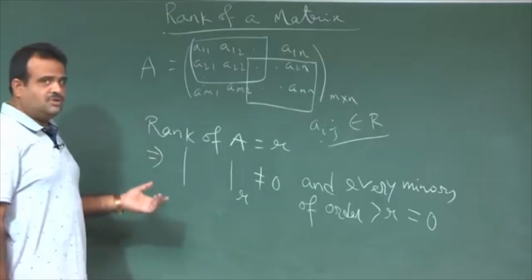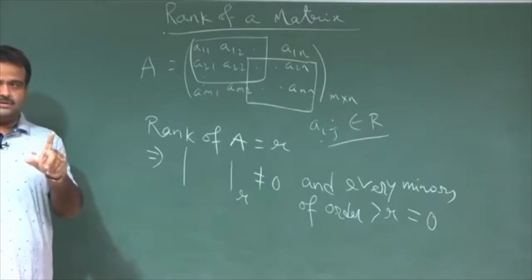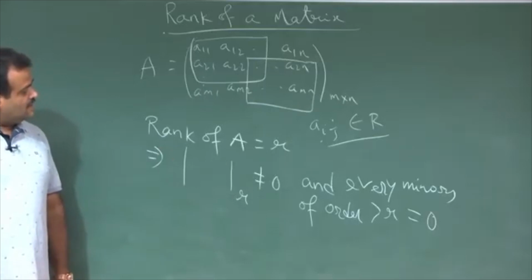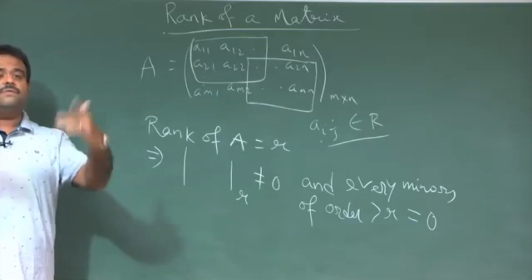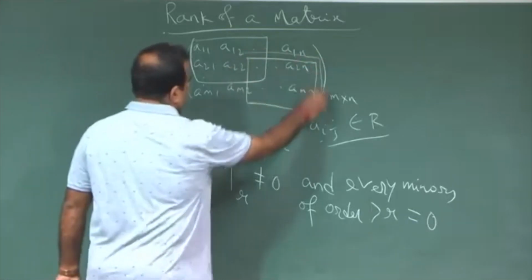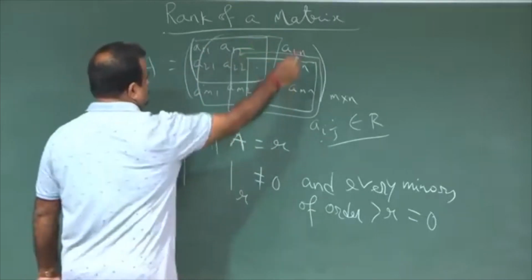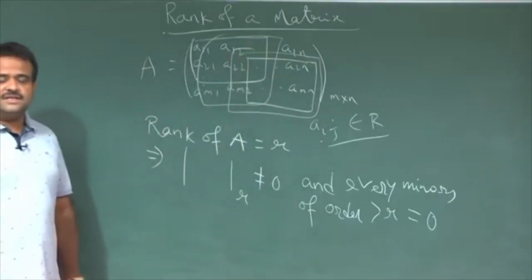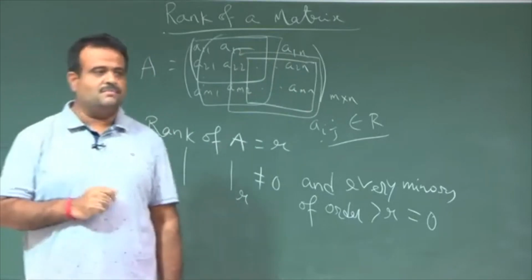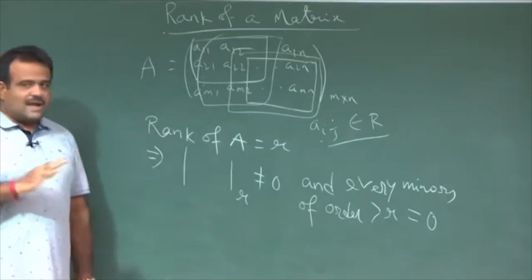We need to have at least one minor of order r which is non-zero, and all the other minors of order more than r, that means r plus 1 minors, will be 0, r plus 2 minors will be 0, r plus 3 minors will be 0. So, that is the definition of the rank. This is called the determinant rank. We will talk about the row rank and column rank, but this is the rank of a matrix.